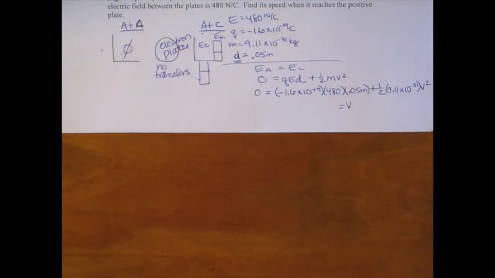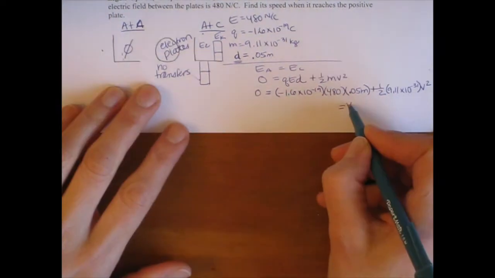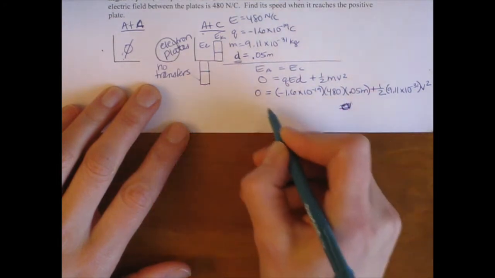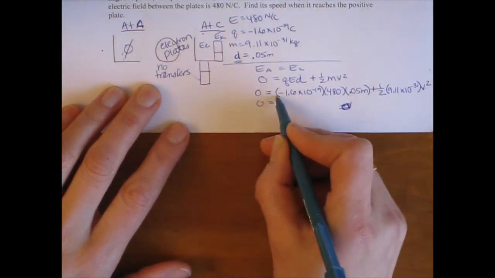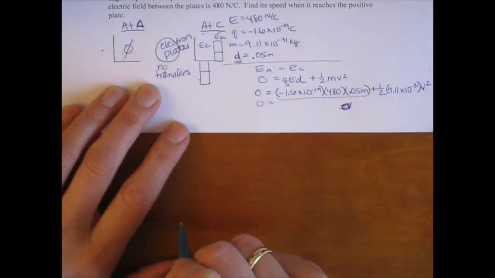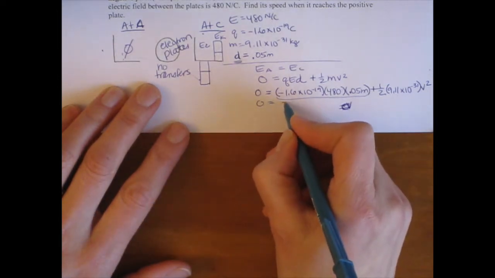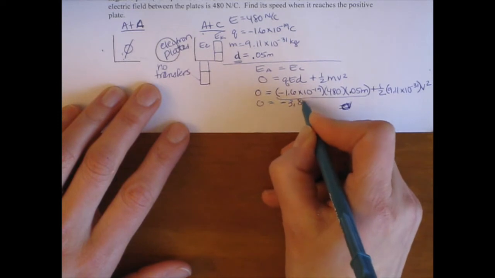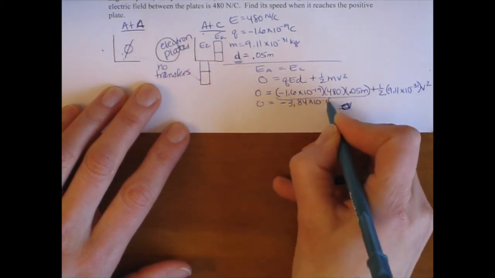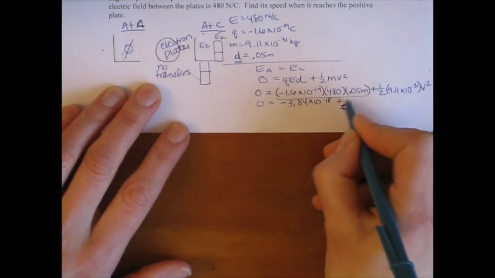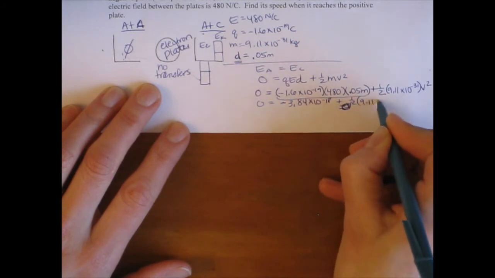And go ahead and input that into your calculator. Actually, before I input the whole thing, I'm going to just calculate this part right here, which comes out to be negative 3.84 times 10 to the negative 18, plus 1/2 times this thing.